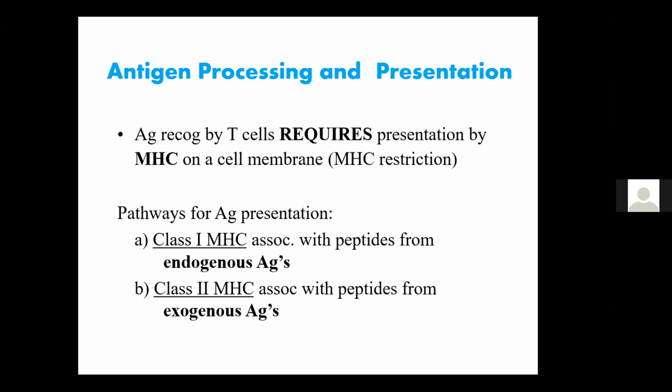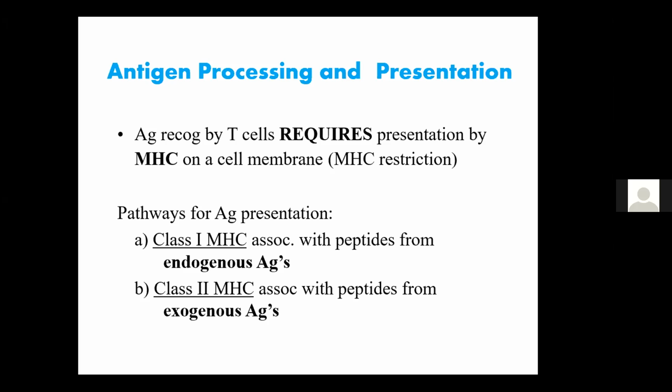This will be targeted by T cells depending on the nature of the MHC involved. If it's MHC class 1, it becomes a target for the CD8 cells, or if it's class 2 MHC in association with peptides, then it becomes a target for the T helper cells.